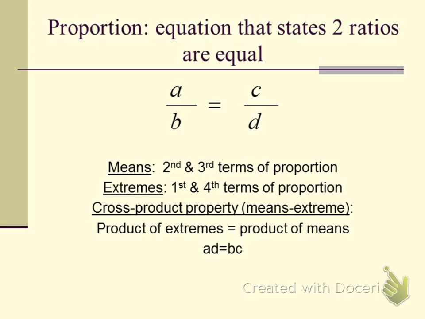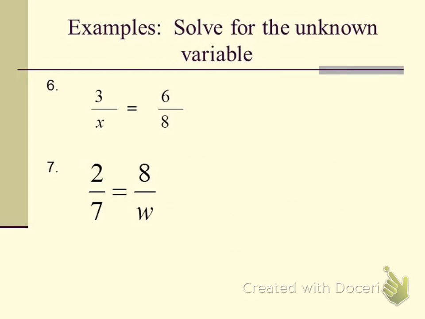This should look familiar. Do you guys remember cross multiplying? Probably spent a lot of time in algebra doing it, so hopefully this isn't too new, but if it is, we'll go over it. Any questions? So, when we cross multiply, we just multiply across the equal sign. So I'm going to start at the 3 and I'm going to go down to the 8. What's 3 times 8? 24. Good.